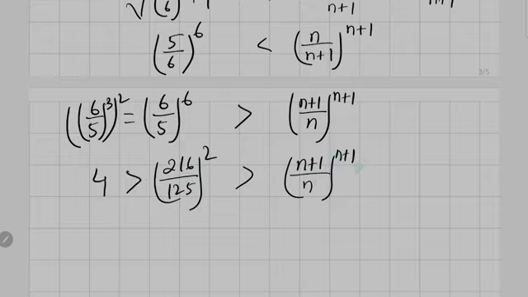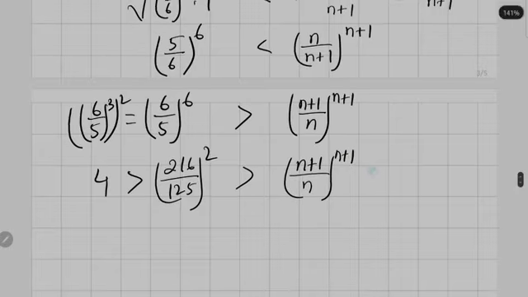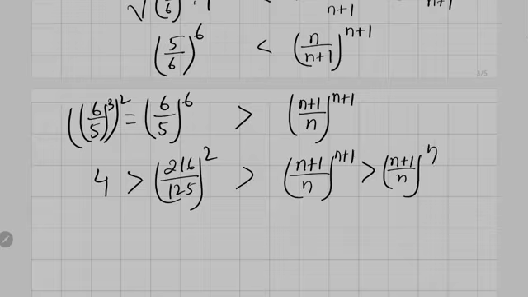So if we reduce the power, it is bigger than (n plus 1 by n) to the power n. So 4 is bigger than (1 plus 1 by n) to the power n.